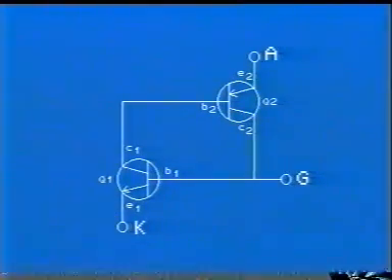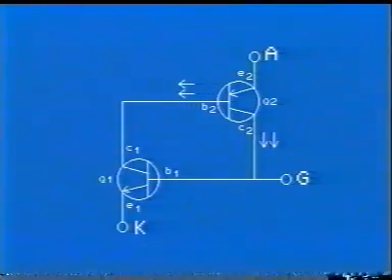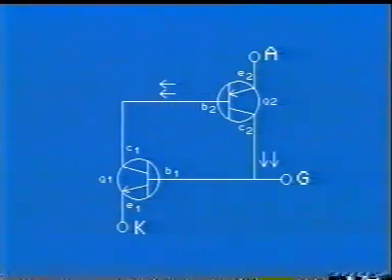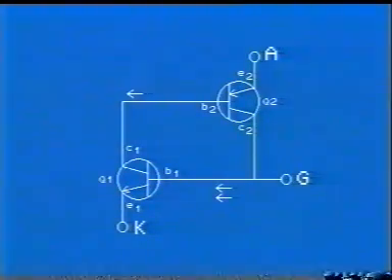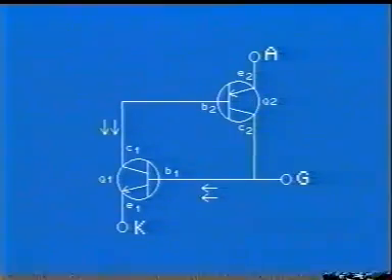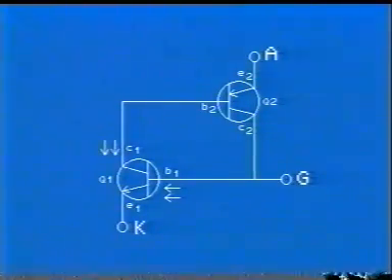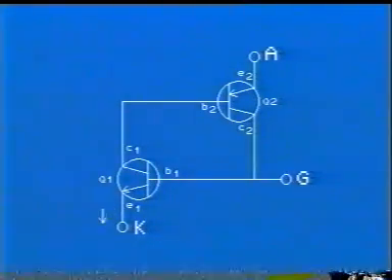Ultimately, both the transistors saturate and free flow of current takes place between the anode and the cathode. In the absence of any gate current, reverse saturation current across the junction J2 begins the process of regeneration.